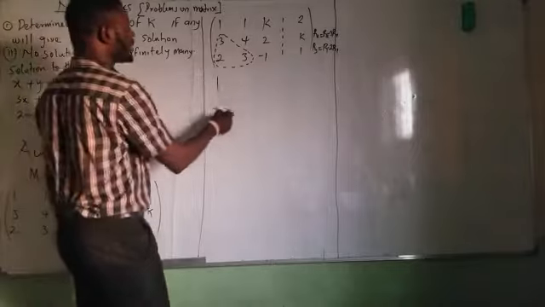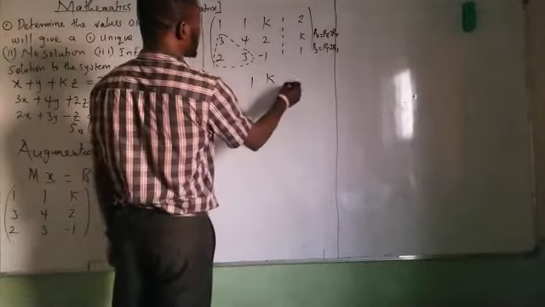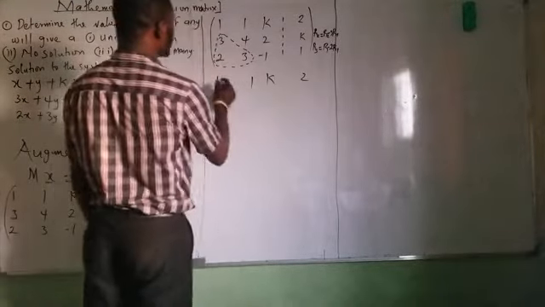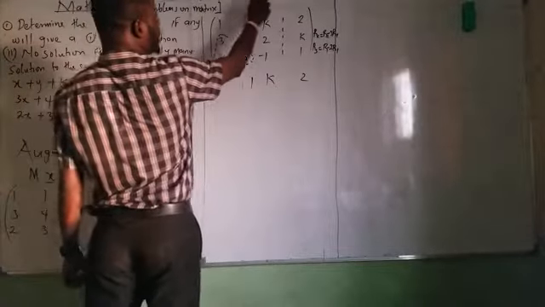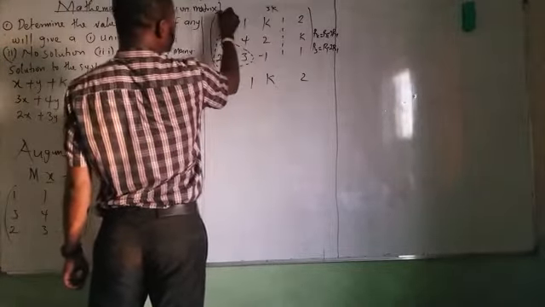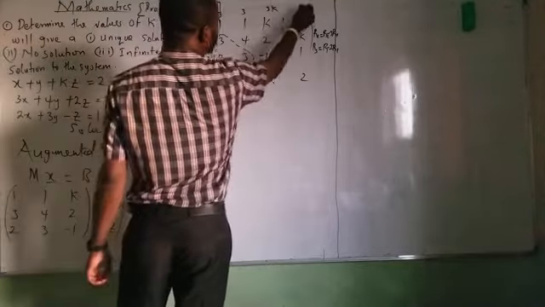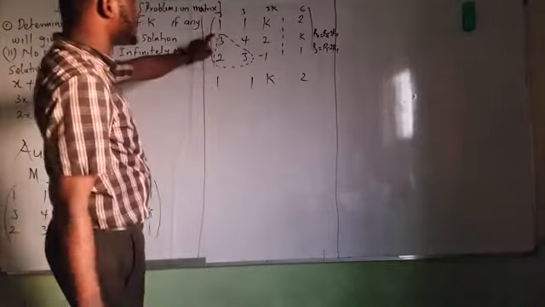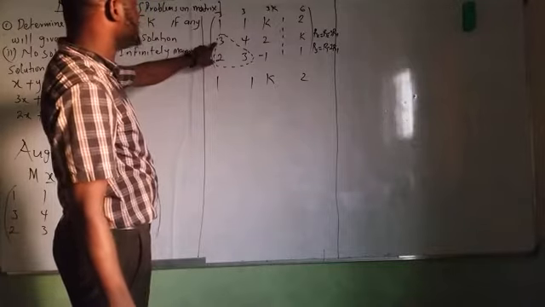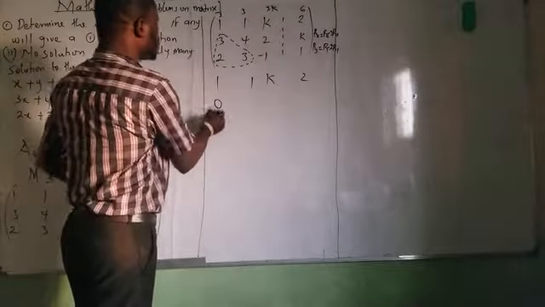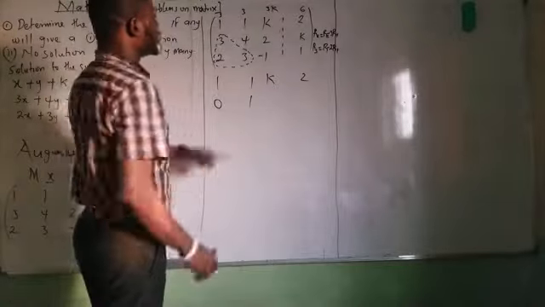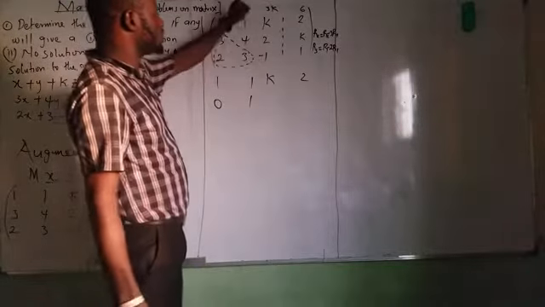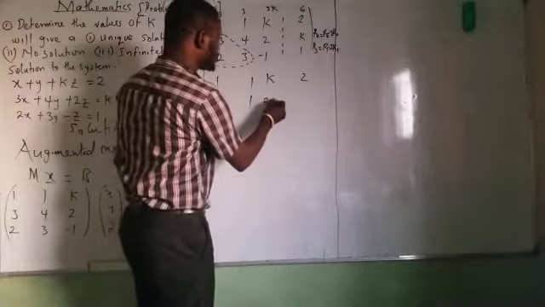I have 1, 1, 2, and 3 minus 3 is 0, 4 minus 3 is 1, 2 minus 3k, I will have 2 minus 3k.